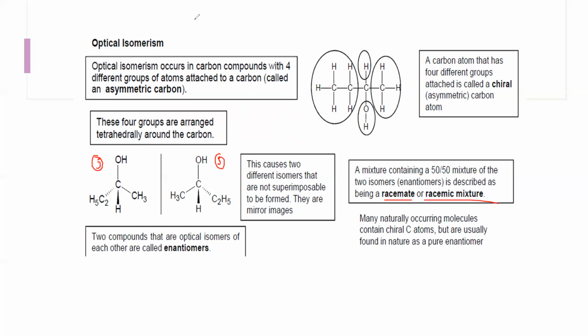And racemic mixtures do not rotate the polarized light. Why? Because the two isomers cancel each other out, so there is no effect on the polarized light. If one is more than the other, and the isomer which rotates light clockwise is more, then it will rotate clockwise. If anti-clockwise is more, it will rotate anti-clockwise.